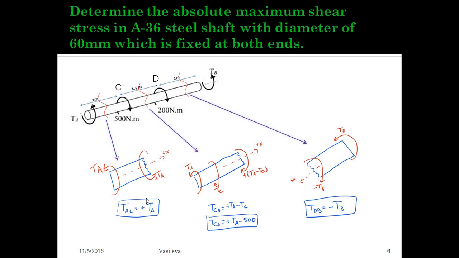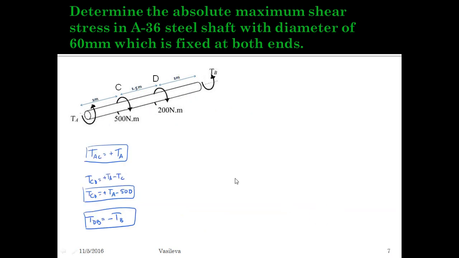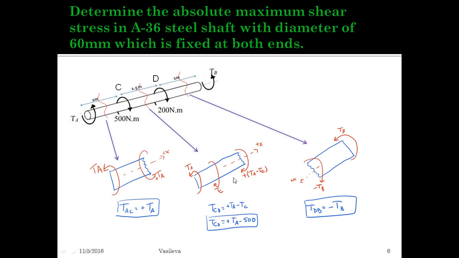Now I have determined all of my internal torques for each section: AC, CD, and DB. That's the most difficult part to get right, because of the sign convention and understanding where you're cutting.